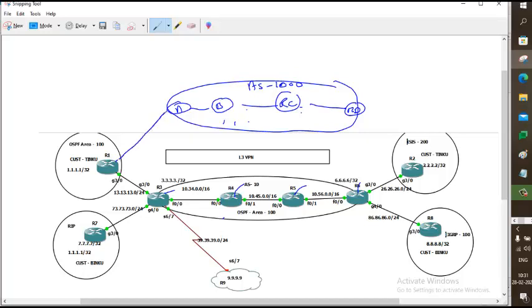R1 has a connection to A, R2 has a connection to D. So now R1 has multi-homing. R1 can reach R2 this way or this way. In that case, BGP is mandatory, so that you can have policies. You can set weight or local preference and have policy in path selection.